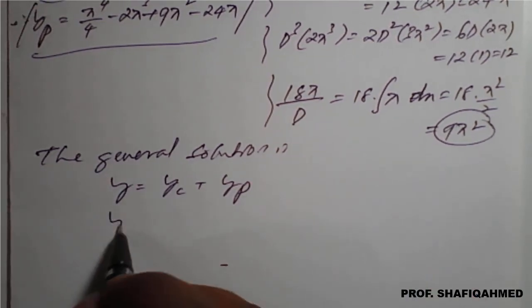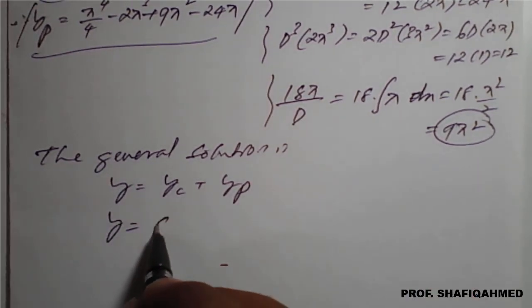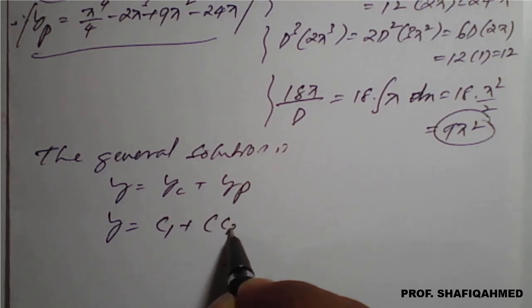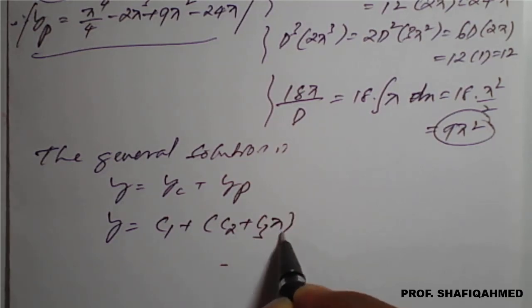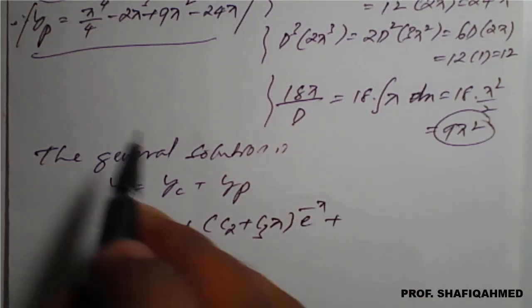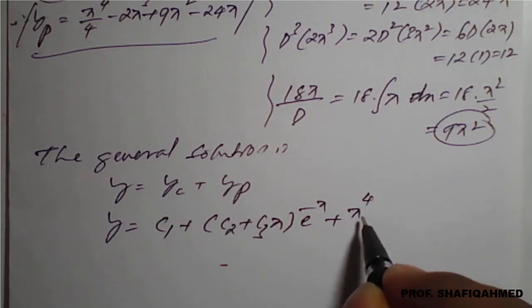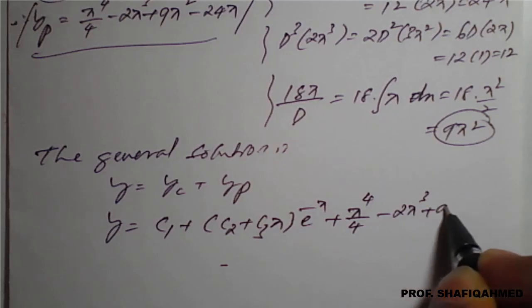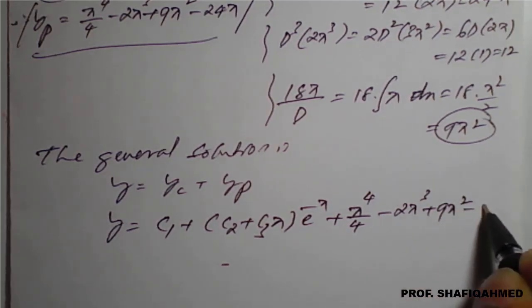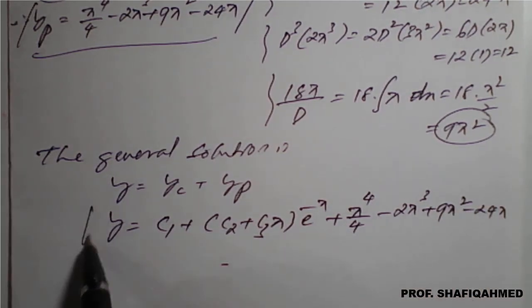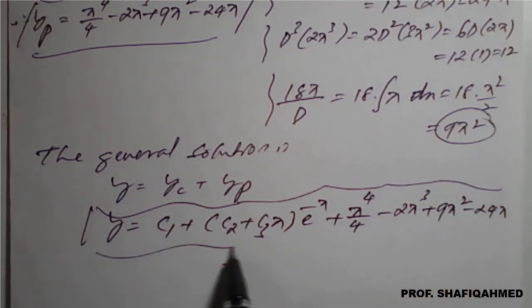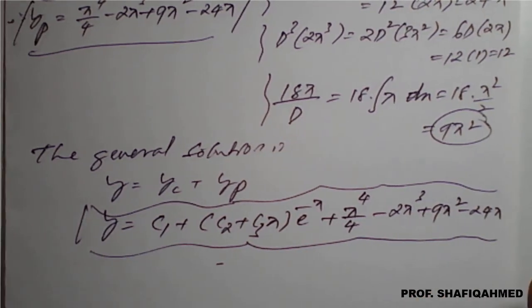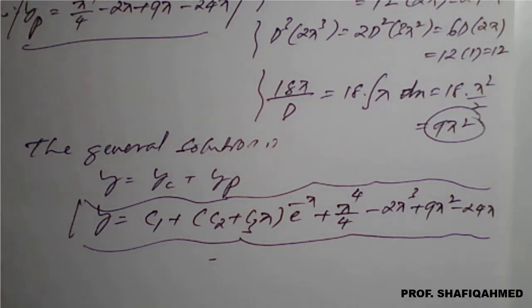So yc value is, we got it as c1 plus c2 plus c3x into e raised to minus x, plus yp value, that is x raised to 4 upon 4 minus 2x cube plus 9x square minus 24x. So this is the required general solution of the given non-homogeneous differential equation of the type polynomial.